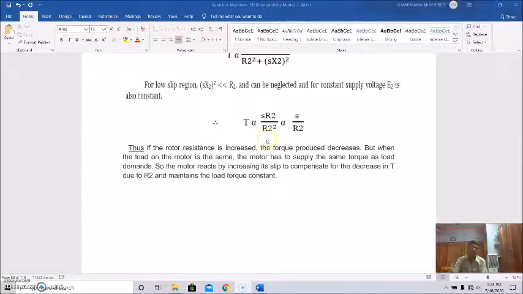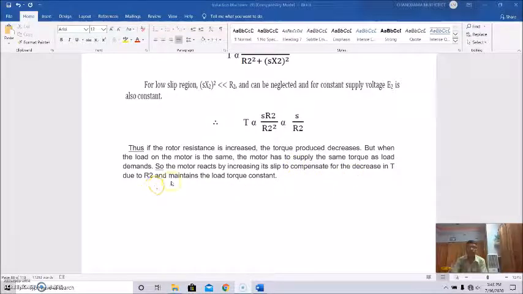This is evident and reflects from these equations: for low slip, the torque is reduced when R2 is increased. So, to maintain the same load condition, the motor has to supply the same torque as the load demands.